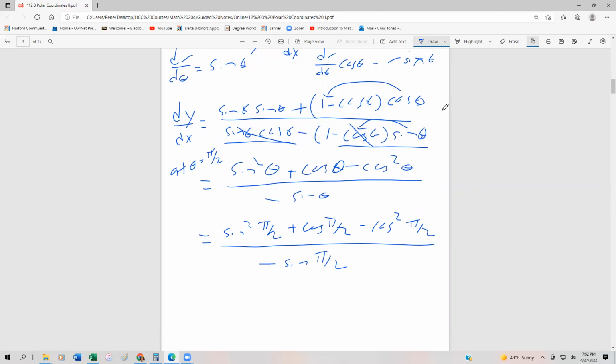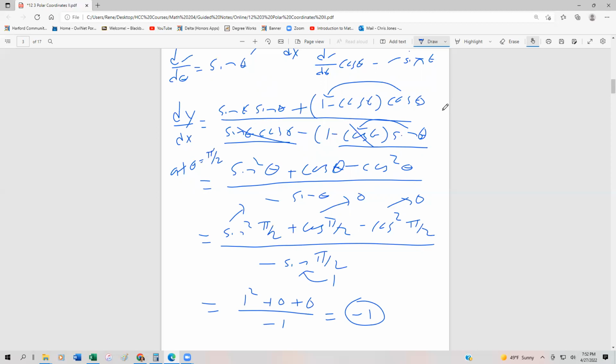Now, we recall that the cosine of pi halves is 0. So these two expressions are going to be 0. We recall that the sine is going to be 1. So we end up with 1 square plus 0 over negative 1, which is just going to be negative 1.